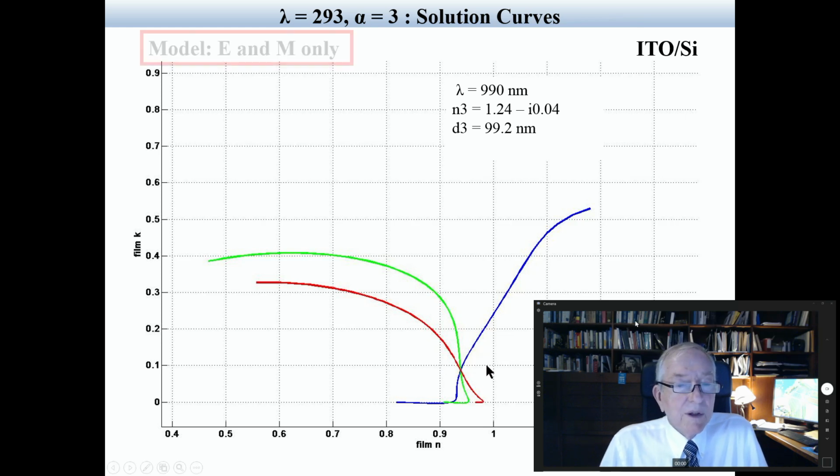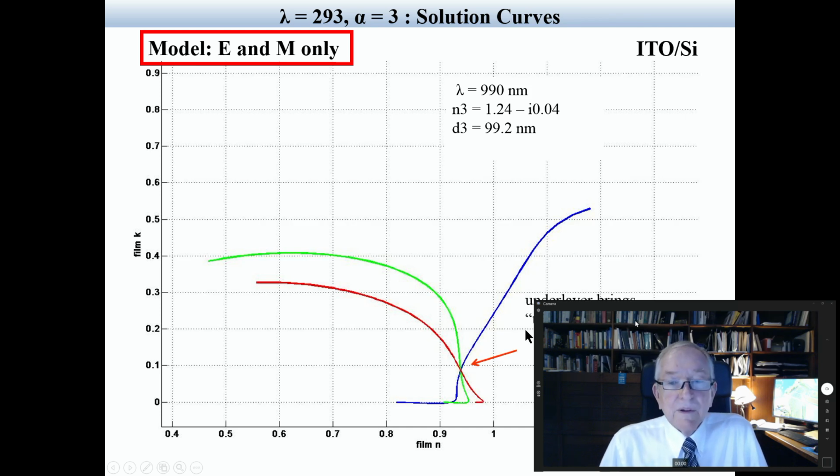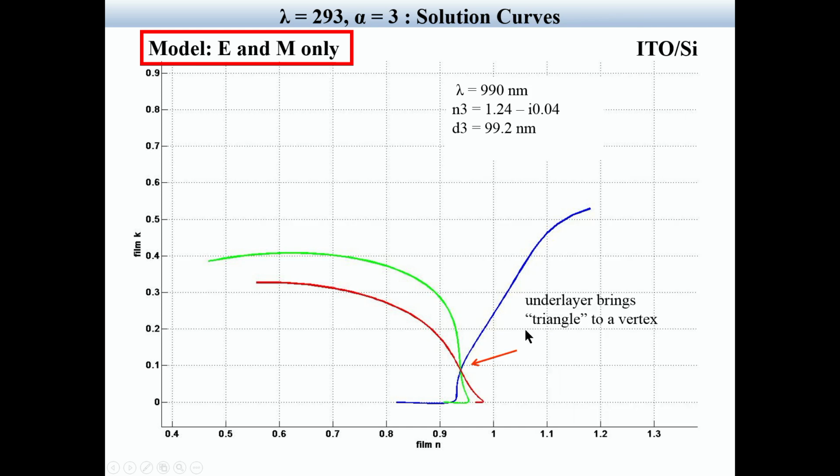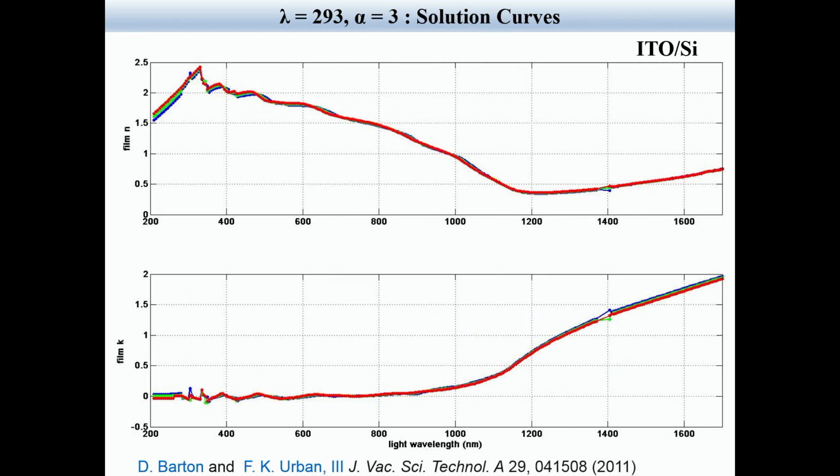In fact, if you zoom in on it, you can find additional information from that intersection and discover that the film can be modeled as a 2-layer film. That's another deep subject, of doing that and finding the thickness around 1,000.